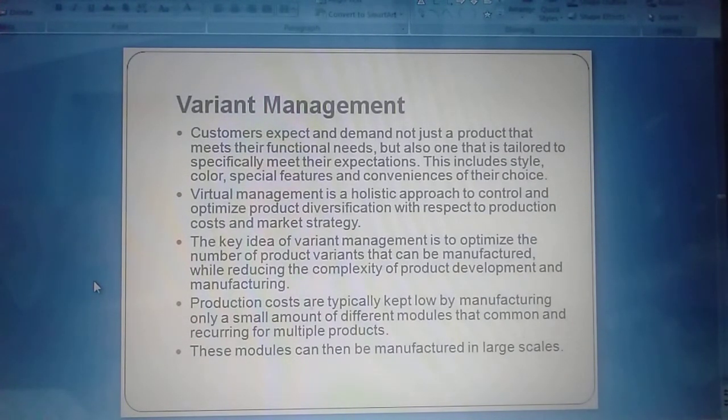As you know, the customer not only accepts the function, but also how it looks, what the color should be, how the structure should be and what the other features are. So these come under variant management. Bikes were developed with the kick starting facility.